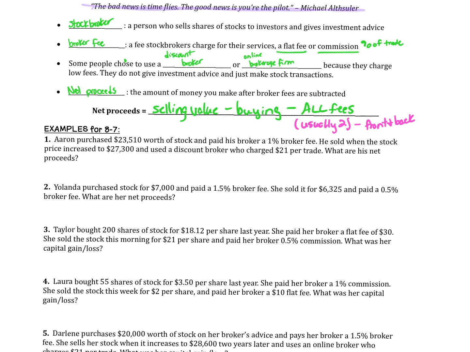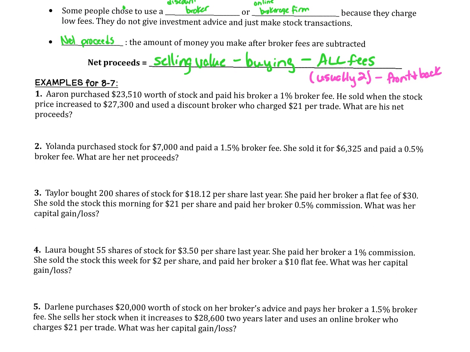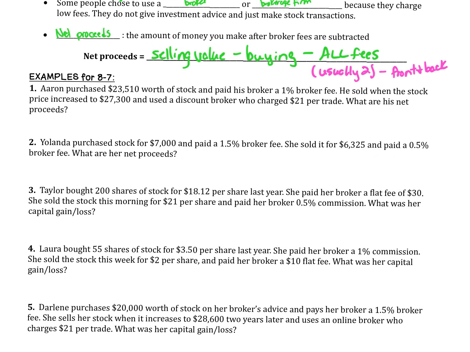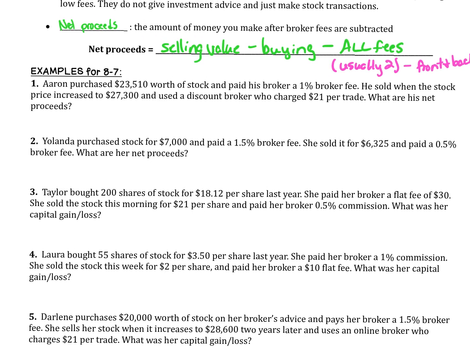Okay, all right, so we're not gonna do all of these. I'll think about which ones I wanna look at here. Aaron purchased that amount of stock, paid his broker a 1% fee. He sold when the stock price increased to that and used a discount broker who charged $21 per trade. What are his net proceeds?